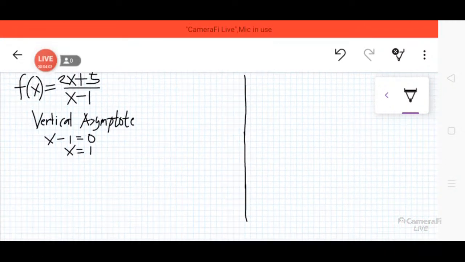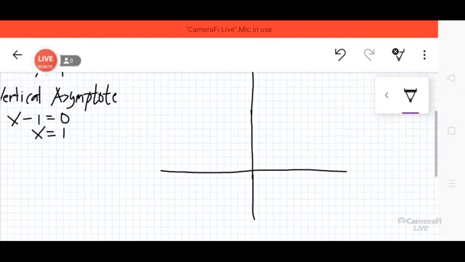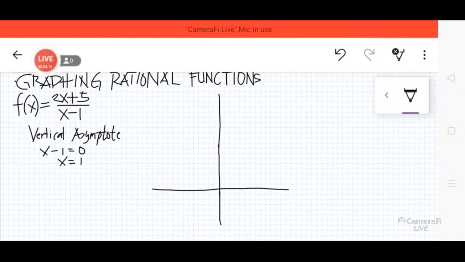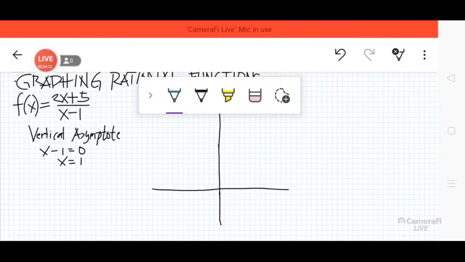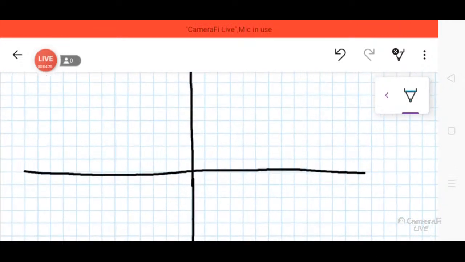It is very difficult to make a perfect straight line, of course. We have here the vertical asymptote, which is x is equal to 1. So let's create a dashed line.